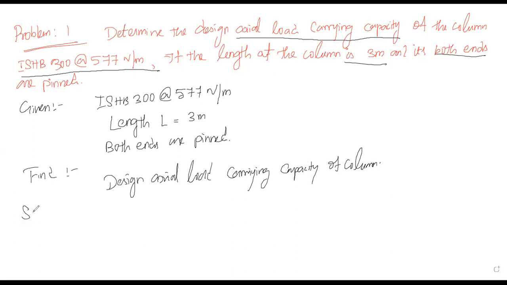Now let us move on to the solution part. First of all, we need the sectional properties such as the moment of inertia I with respect to the z axis and y axis, and the area. Similarly, we need the breadth of flange, height, and thickness of flange.